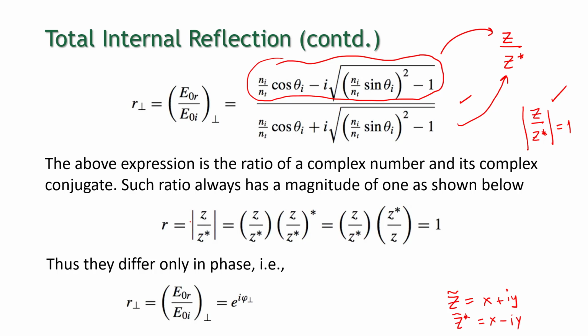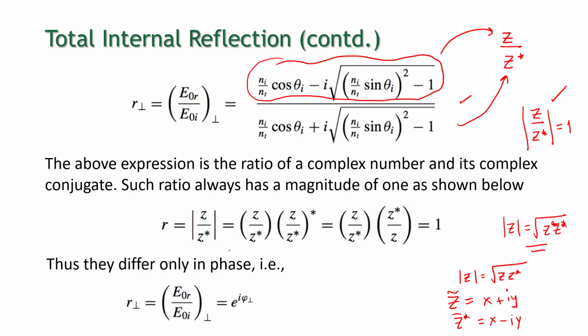Whenever you are finding the magnitude of a complex number, it's the square root of z star z. Usually we don't write z squared, we write z star. If you have taken quantum physics or quantum mechanics, we use this a lot there. So any complex number has a magnitude given by the square root of z star z.